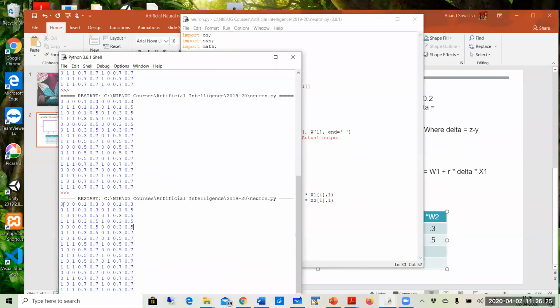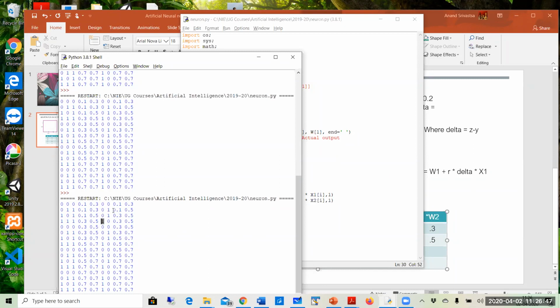See, this is the first truth table: 0 and 0, the actual output is 0; 0 and 1, 1; 1 and 0, 1; 1 and 1, 1. But if you look at the desired output Z, this is my actual output 0, actual output 0, second one 0, the third one is 1.